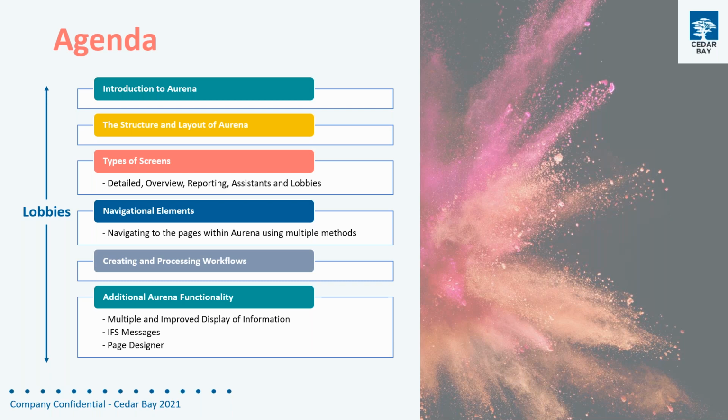And then finally, a few of the additional elements that just make life that little bit easier for the user. Obviously, throughout the whole of the more recent versions of IFS, there are a considerable number of lobbies available, so Mish will show you the odd one of those as she goes through. Okay, enough of me. Mish, if I could hand over to you, please.